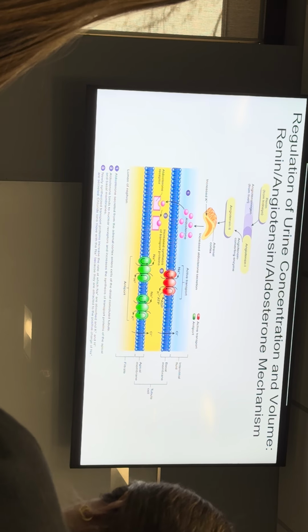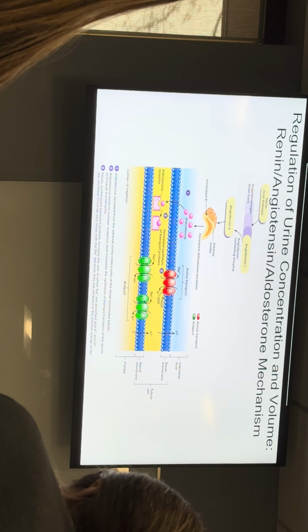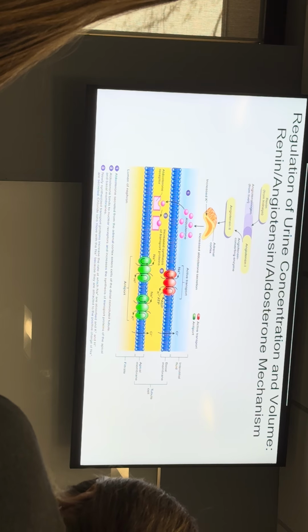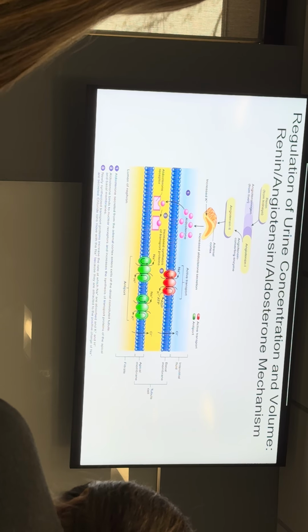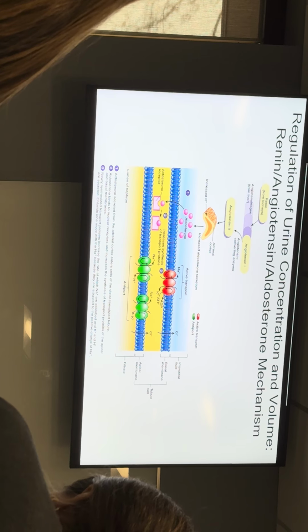That means this whole mechanism with aldosterone is delayed. So your renin, angiotensinogen, angiotensin 1, angiotensin 2 mechanism will immediately make your blood vessels constrict. That will have an immediate effect on your blood pressure, make it go up. But the aldosterone part of it, the effect is delayed by about half a day or two, or a day or so.